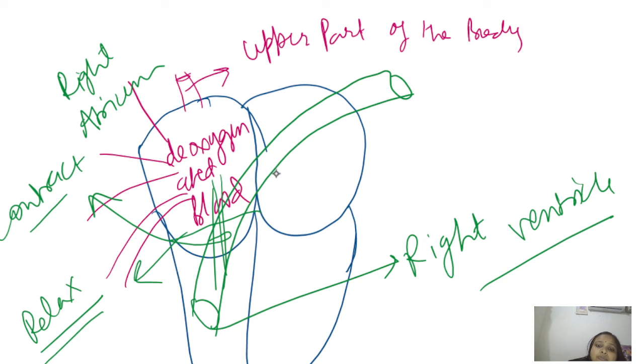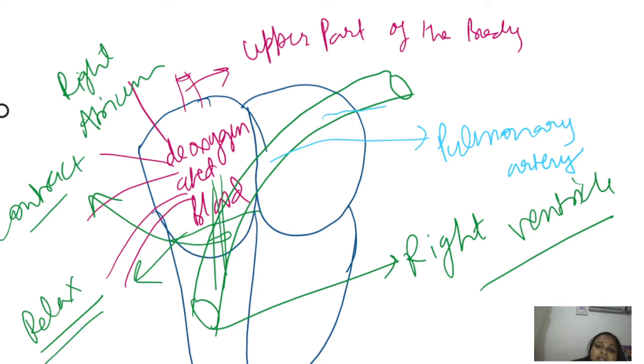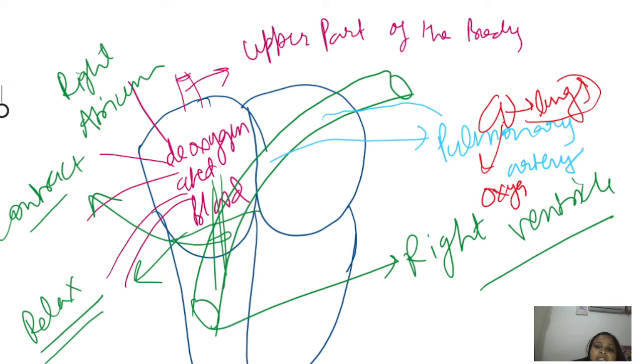Okay. So from the right ventricle, it goes to the pulmonary artery, and from the pulmonary artery it goes to the lungs, and in the lungs it is converted into oxygenated blood.